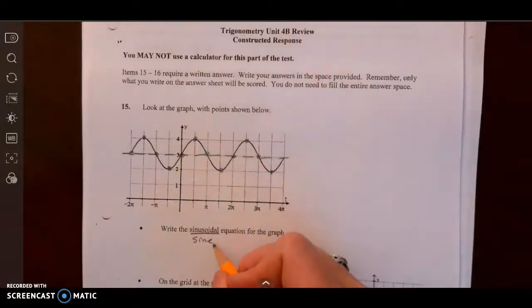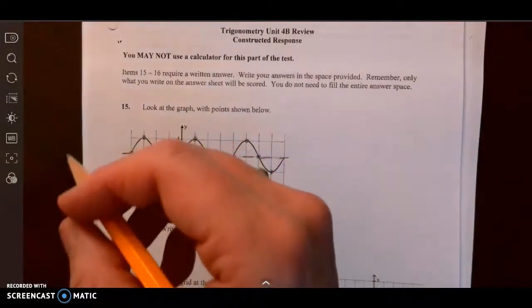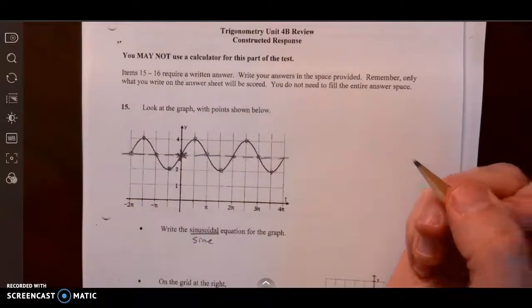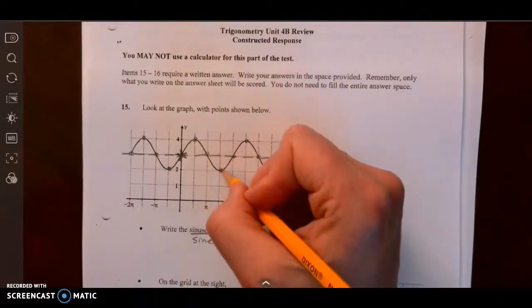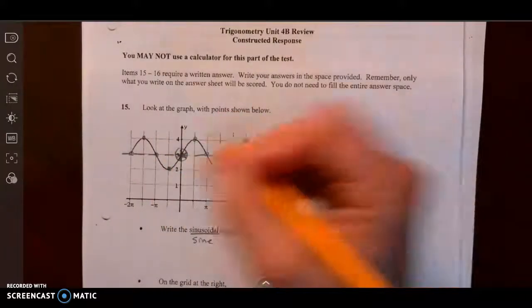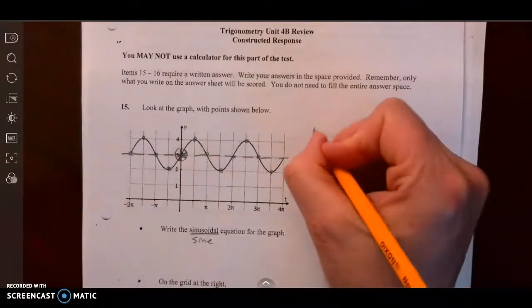Since I'm looking for sine, I want it to start at the axis and go up. Well, it actually starts right there. There is no phase shift. So that's definitely going to be my closest one because it's on the y-axis.